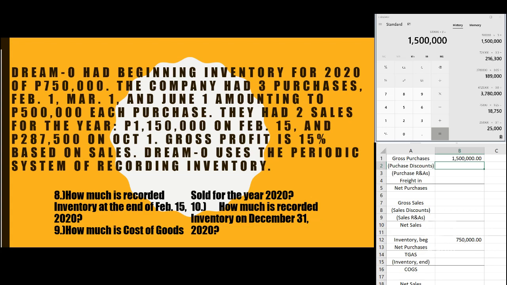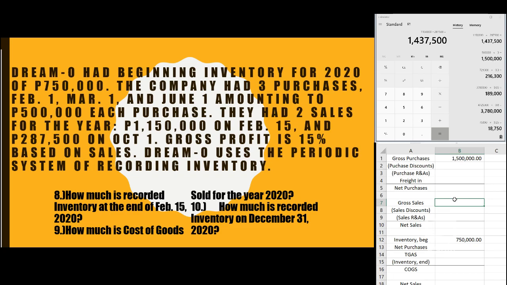Next, they had 2 sales for the year. 1,150,000 on Feb 15 and 287,500 on October 1. The gross profit is 15% based on sales. So isulat natin ulit. We add 1,150,000 plus 287,500. We have here 1,437,500.